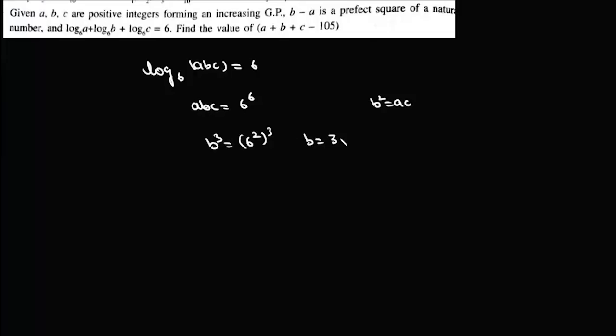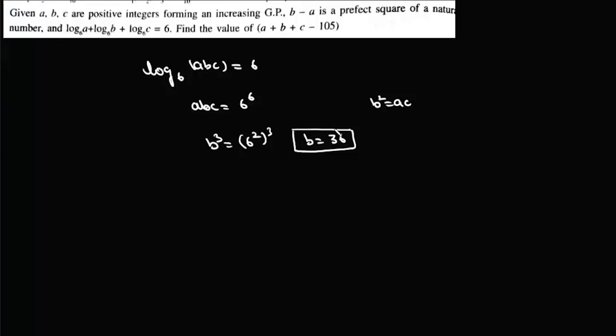Now from this log equation we can write log abc to the base 6 equals 6, or abc is 6 to the power 6. Now if ABC forms a GP, then B square equals AC. So we can write B cube equals 6 square cube. So the value of B is simply 36.